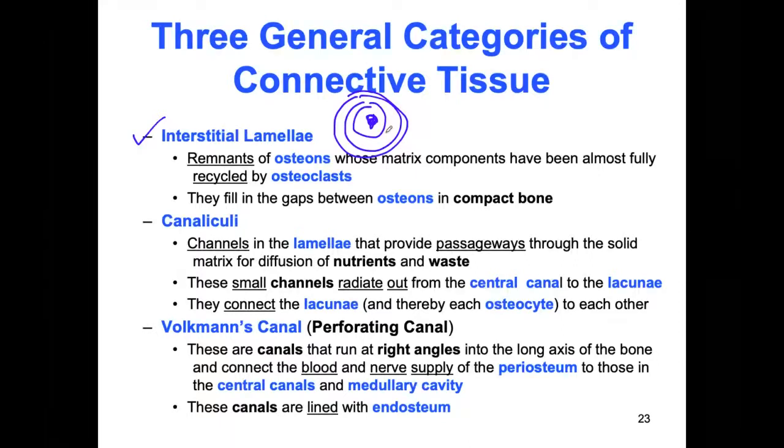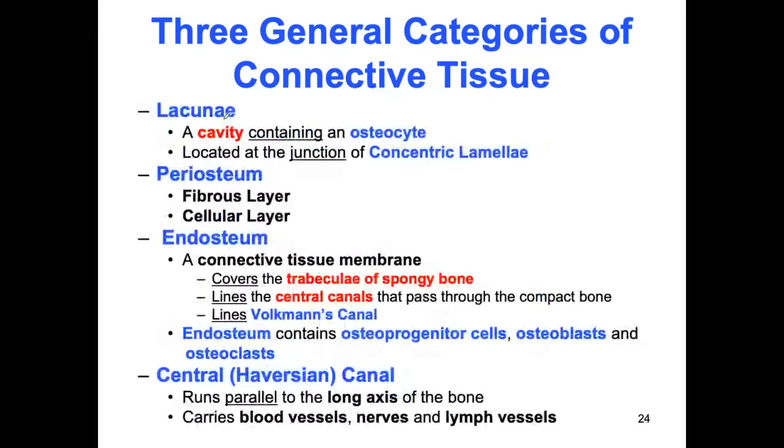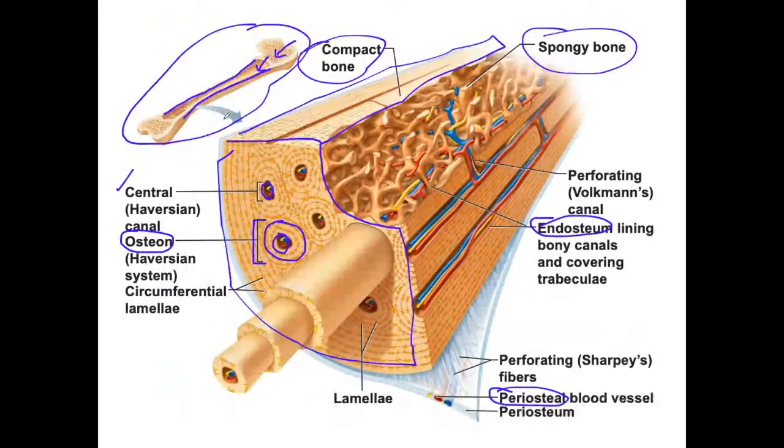But when your osteoclasts break these down, you're left with remnants of the osteon, and that's called interstitial. So let's say here, these are concentric rings, but right here between two of them, those are interstitial lamellae.